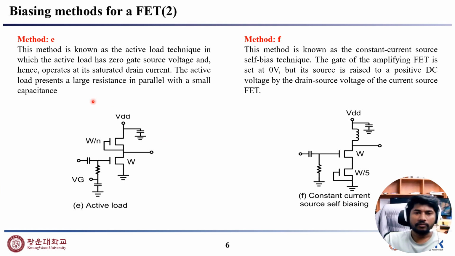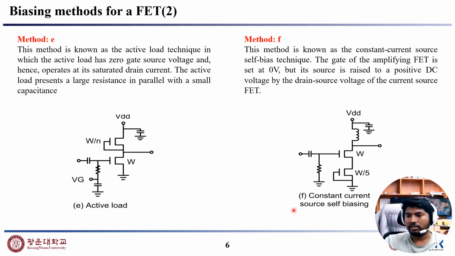And method 5, that is E, is called active load. In this technique, the active load has zero gate source voltage and hence operates at its saturated drain current.